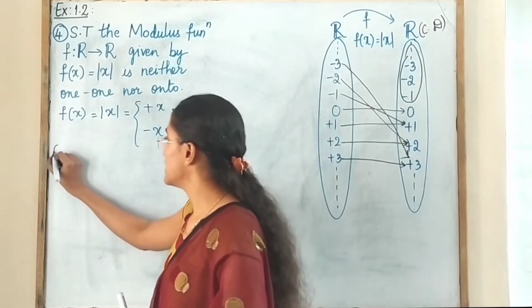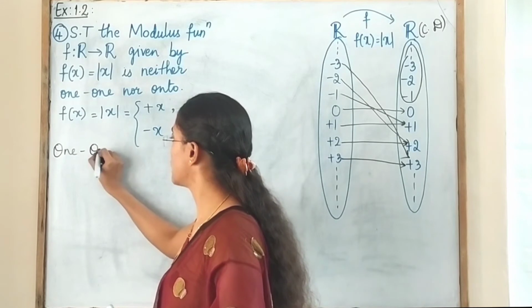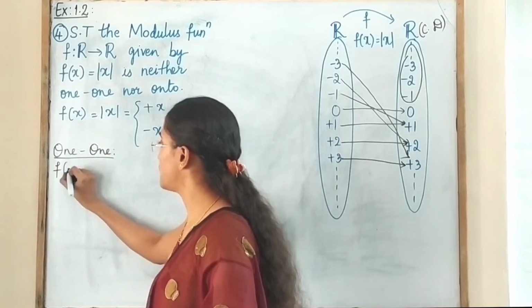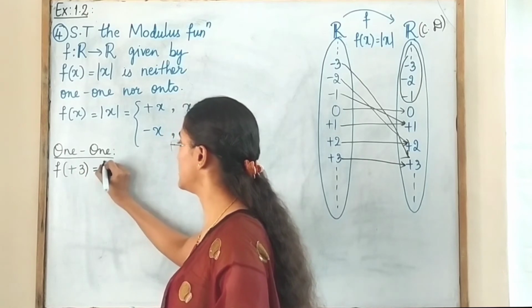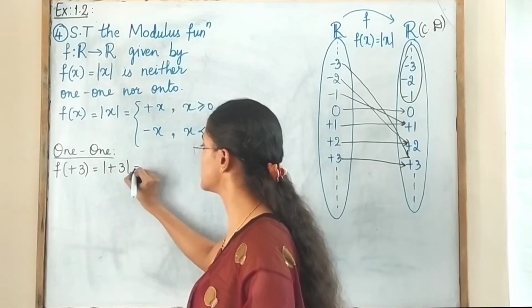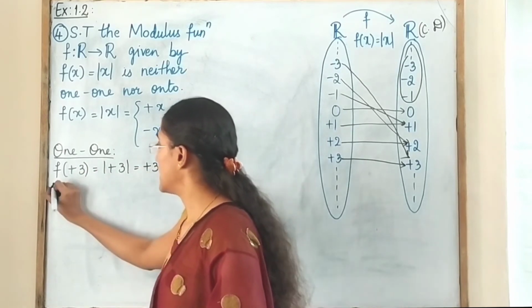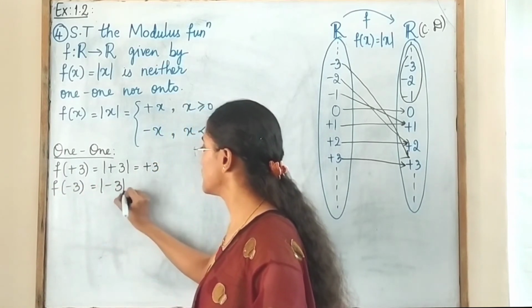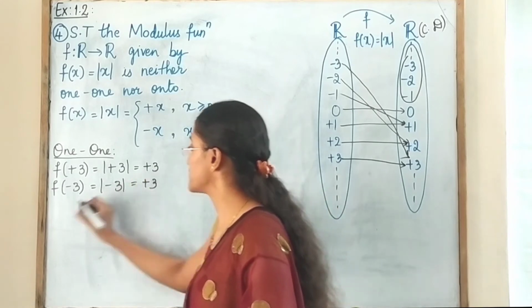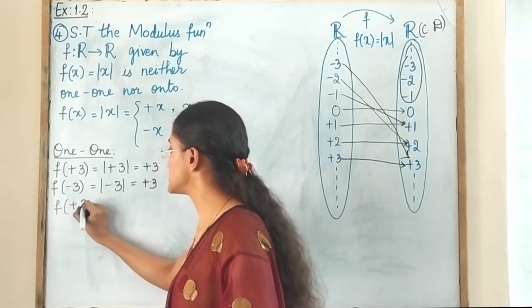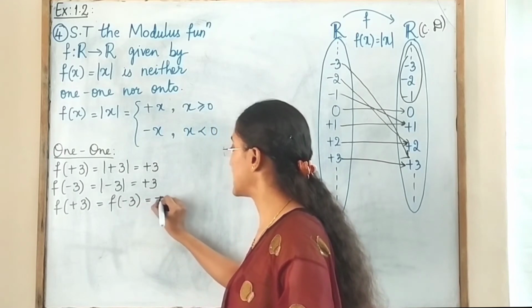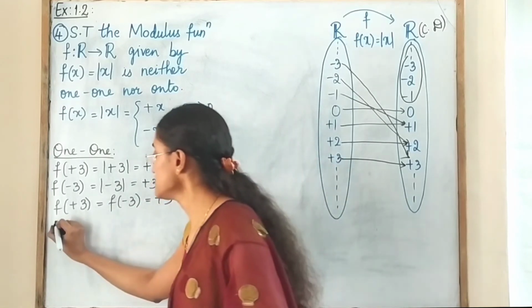Writing it generally using the counter examples for the one-one function, you can tell that f of plus 3 is equal to modulus of plus 3, which gives us plus 3 back. F of minus 3, which is mod of minus 3, again gives us plus 3. Therefore, f of plus 3 is equal to f of minus 3, having the same image plus 3.